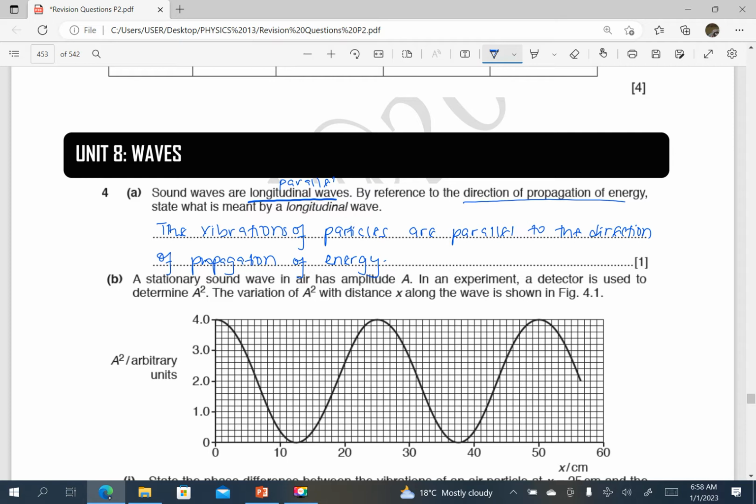That's what is specific with the longitudinal. Remember, for transverse, the vibrations of particles are perpendicular to the direction of propagation of energy.